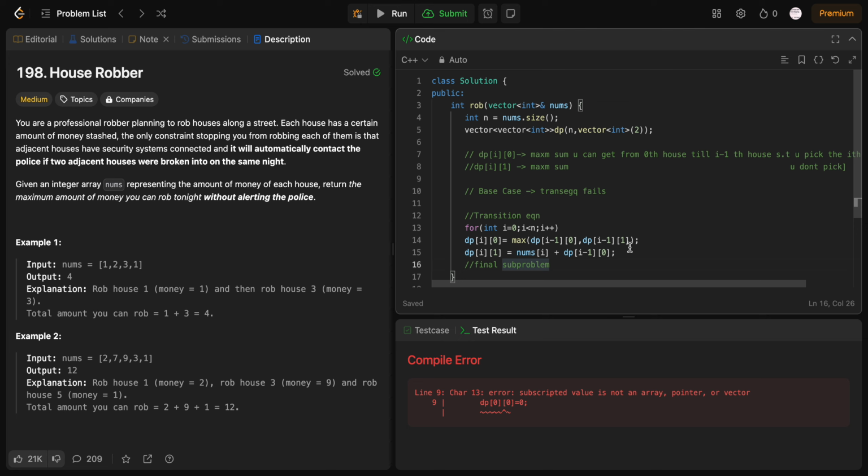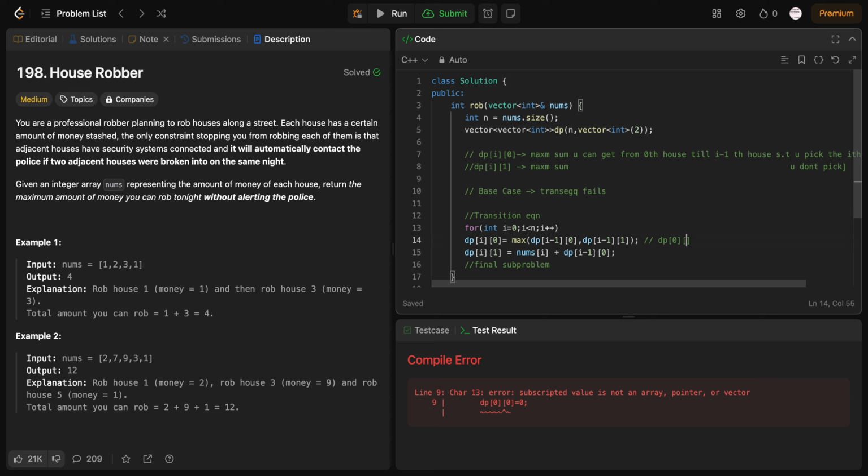And if you put values in this, you'll get dp of i minus 1.